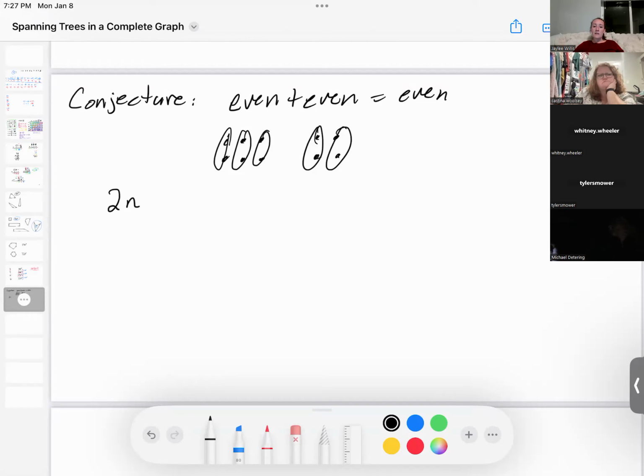So n is representing an integer, meaning like a number like 1, 2, 3, 4, 0, -1, -2, but no decimals and no fractions. So that's the definition of an even number algebraically.